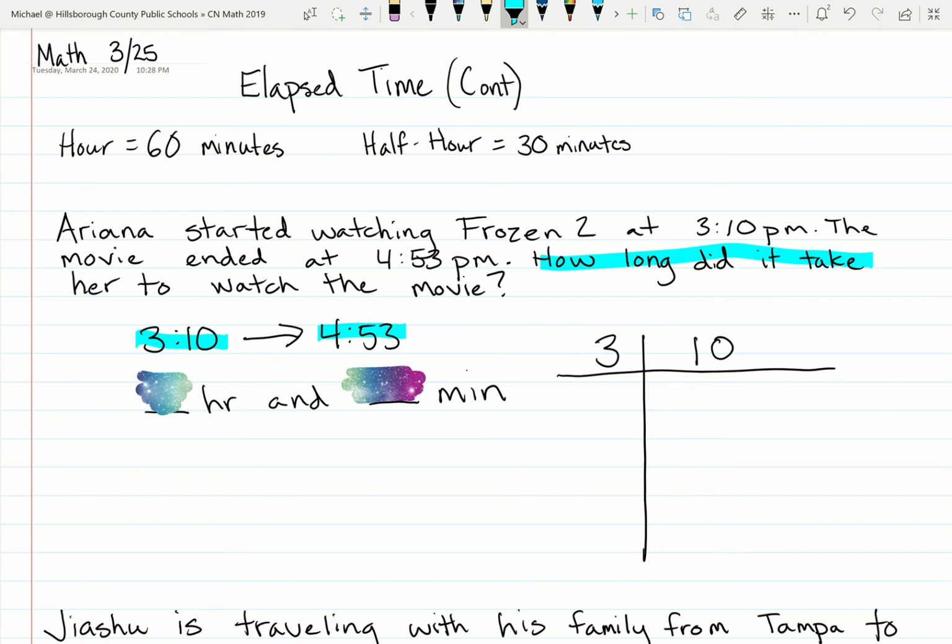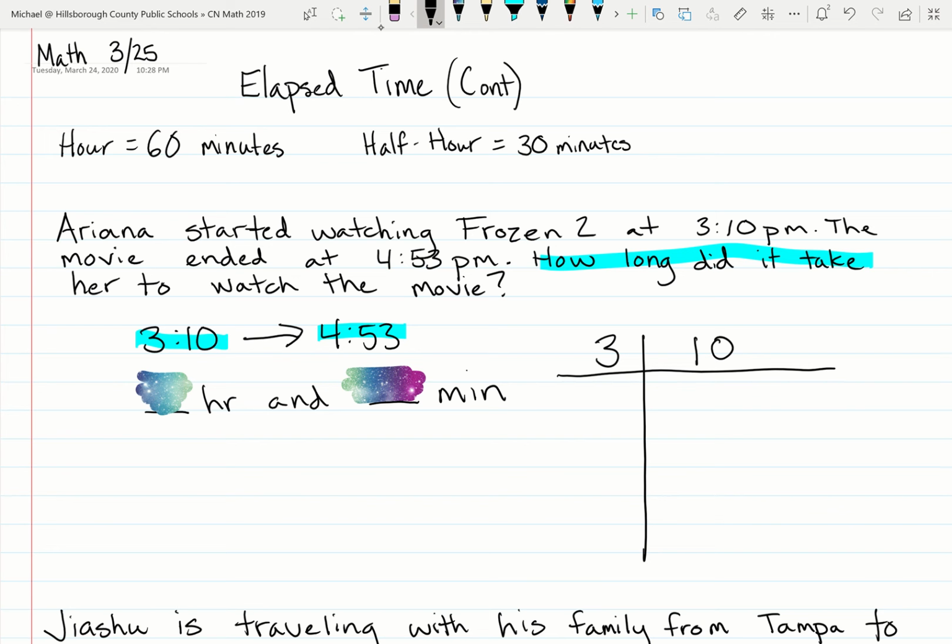One of the best ways to solve elapsed time questions like this is to just count up. Count up your hours and then count up your minutes. So you have to think about difference here too. You kind of have to do some subtraction and some adding. The easiest way to think about it, in my mind, is to do a little subtraction. Okay, so 3:10.